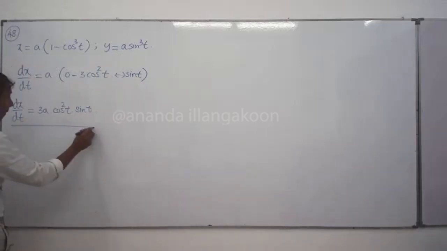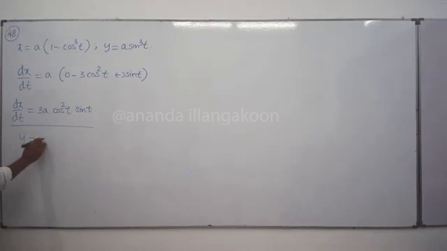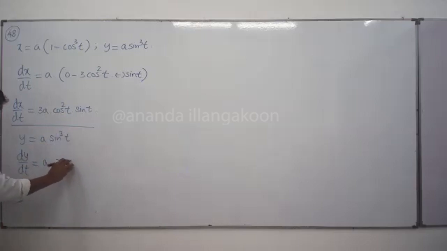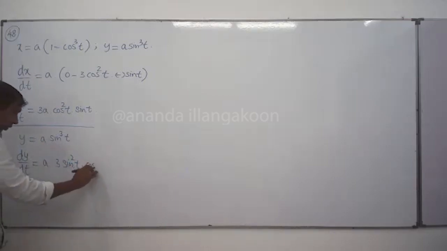Now come to y equals a sine cube t. Then we get dy by dt. A is a constant. Start with 3 sine squared t, and the derivative of sine t is cos t.